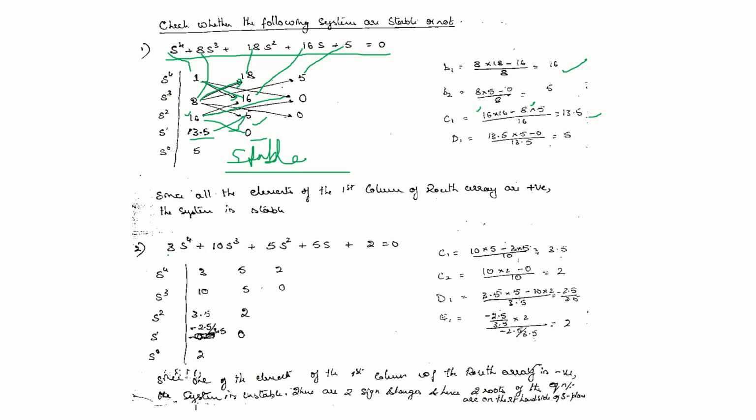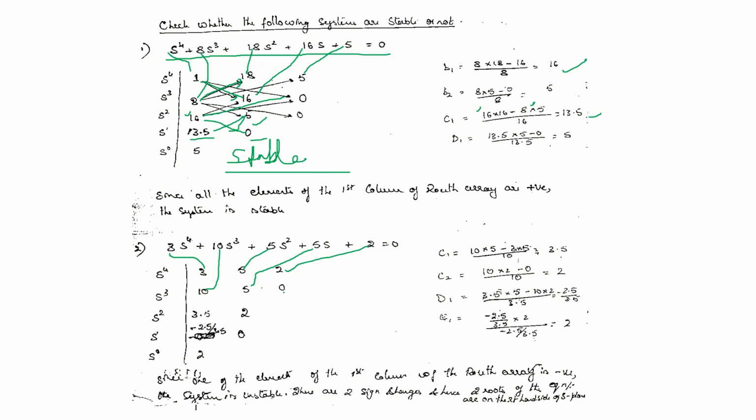Now, let us take another example. 3s4, 10s cube plus 5s square plus 5s plus 2 is equal to 0. So, here again 3, 5, 2. Then here 10, then 5.